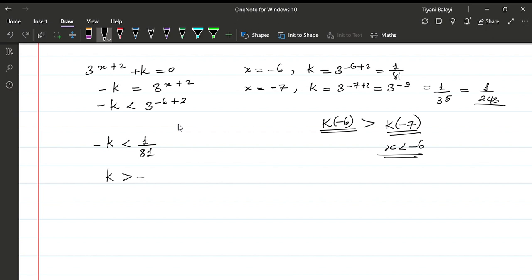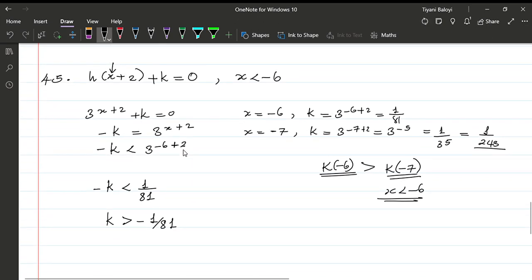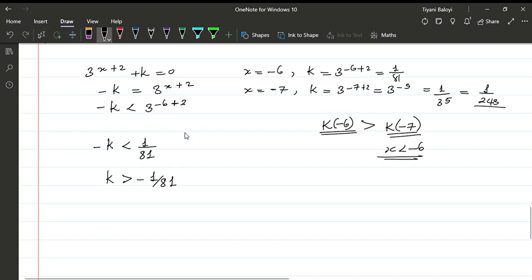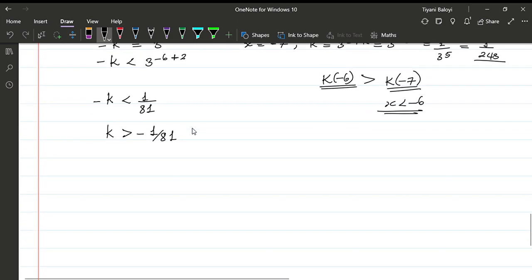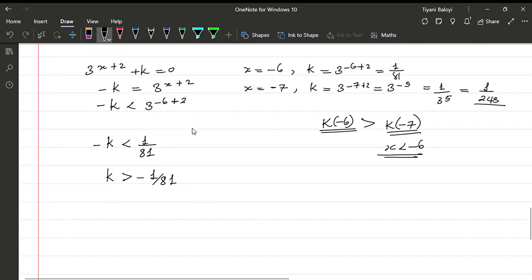You can look at why we change this, because we have divided by -1. That's a different topic on its own. It's basic calculations, just like laws of exponents. So we've determined our values of k.